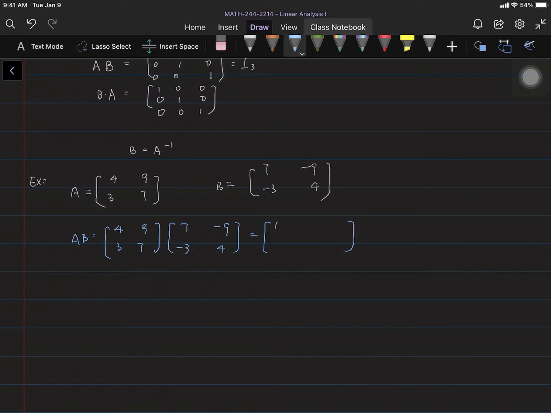Negative 36 plus 36 is 0. 21 minus 21 is 0. And the last one should be 1. Same thing for BA.